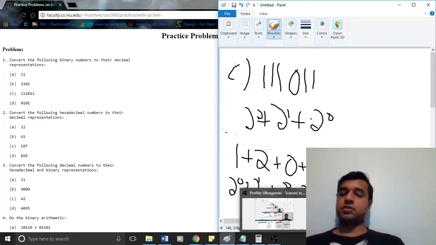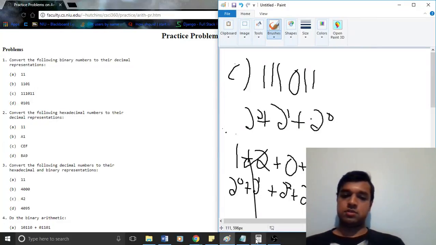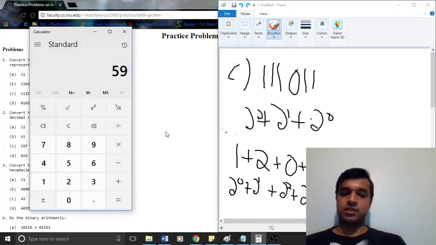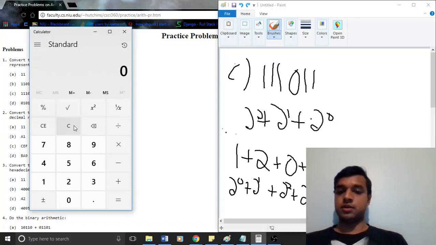Now you're allowed to use a calculator in this course, so don't try to do everything through your head or paper, just use a calculator. Since I can't show you my calculator, I'm just going to do it on here. 2 to 5 is 32, plus 16, plus 8, plus 4. I mean, not 4.